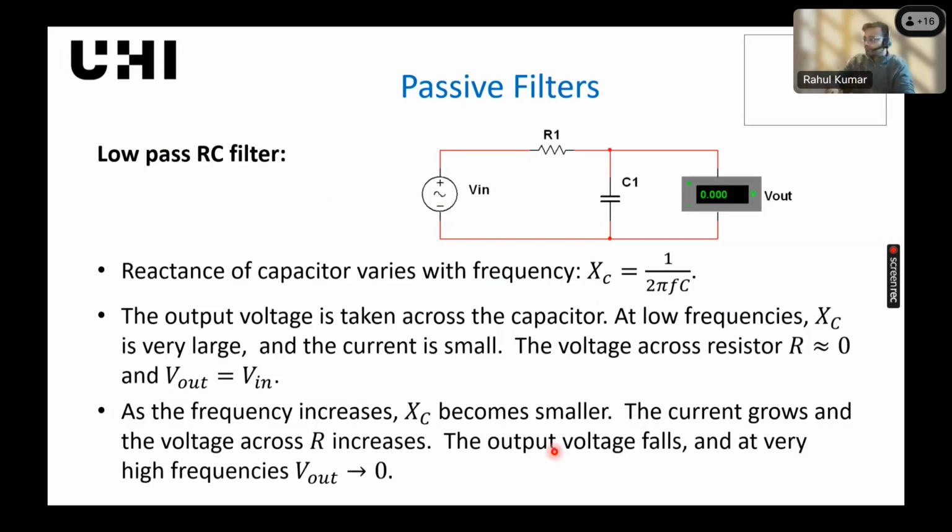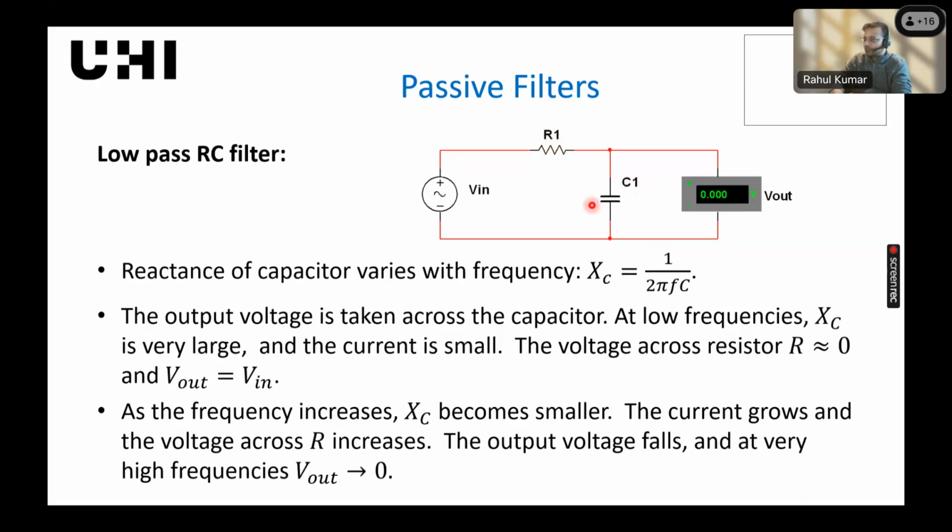Basically, the reactance XC of the circuit changes with frequency. When you have different frequencies or a range of frequencies, this resistance is unaffected. There is no effect of frequency on resistance.